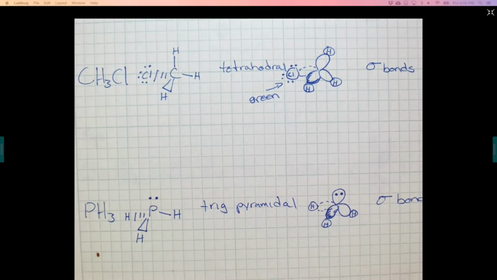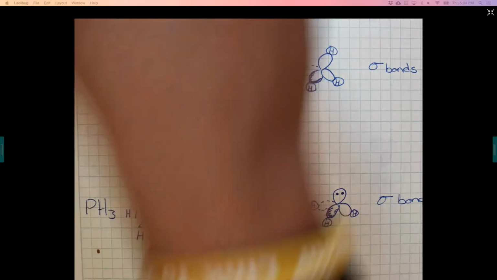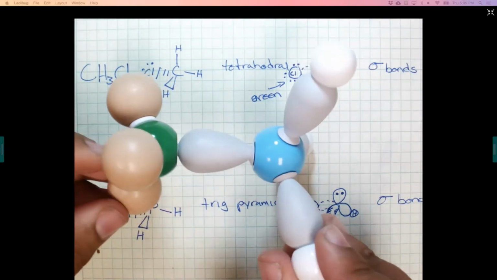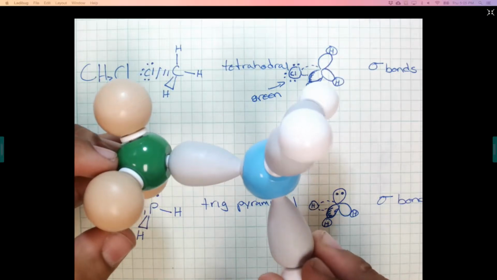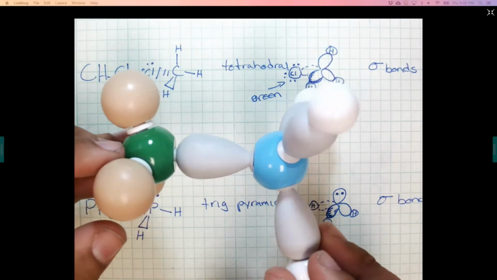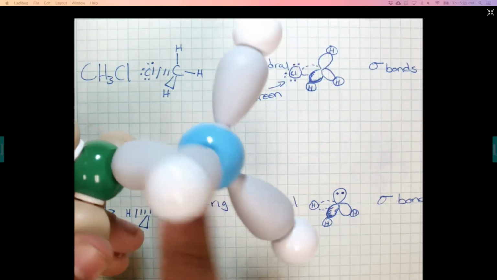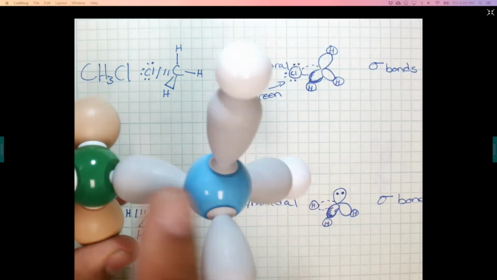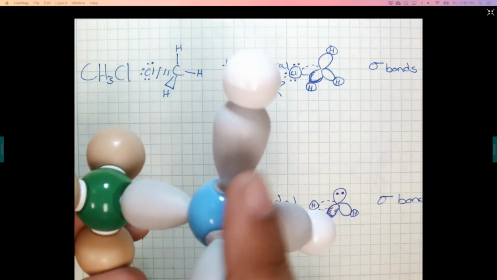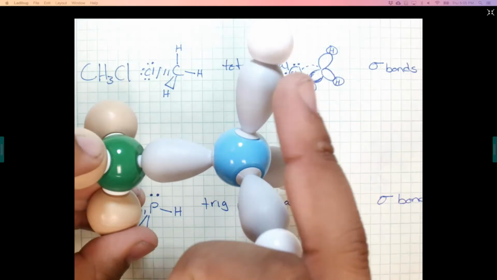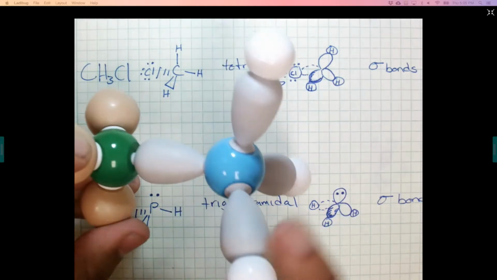Okay. So from here, the model I have arranged has the carbon as the central atom, which is blue. We have four sp3 orbitals extending out from the carbon atom that we're focused on. We have three of those bonds to the hydrogens, as you can see in these three.